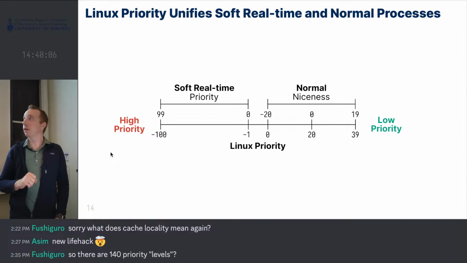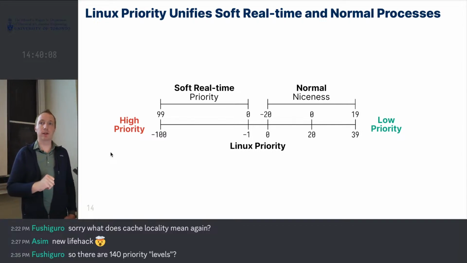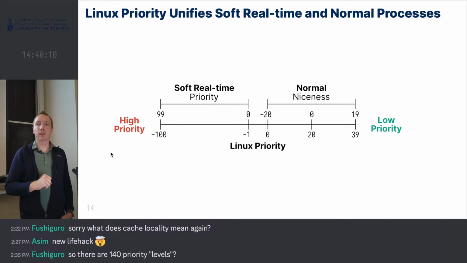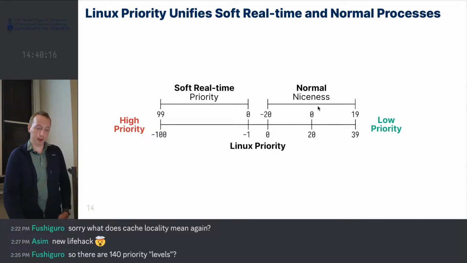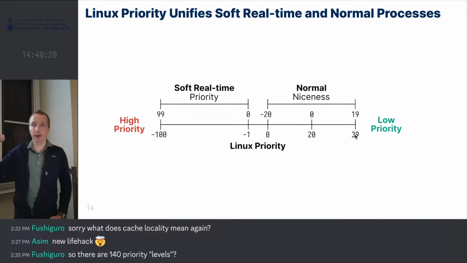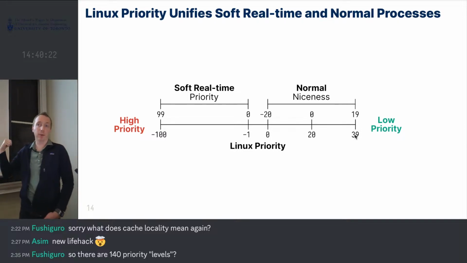Will a high niceness change the priority, or will the priority stay the same even if your niceness is high? Yeah, so a high niceness will change your priority. If you change your niceness to 19, that corresponds to priority of 39 on this. So it means you have a lower priority.